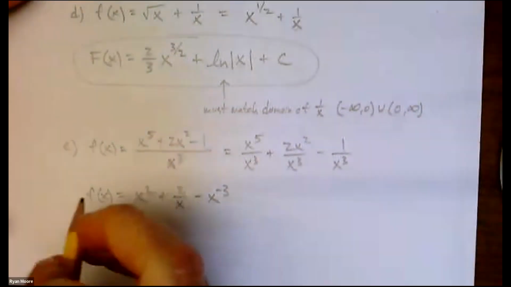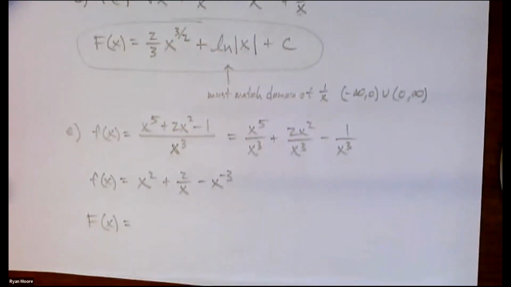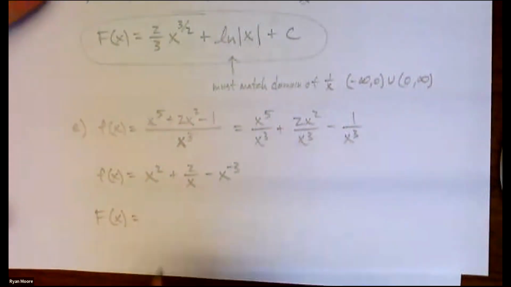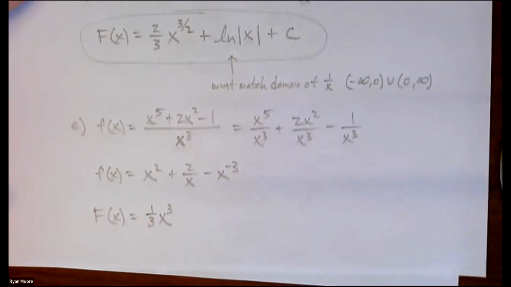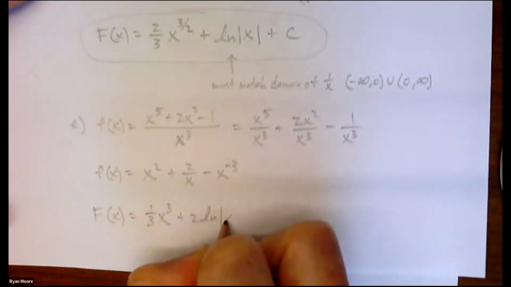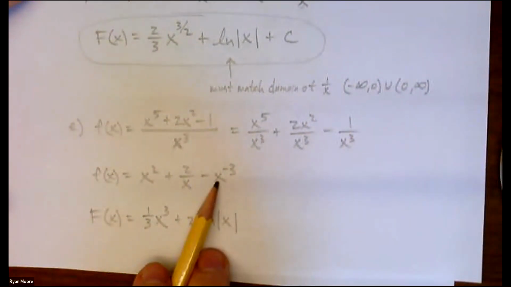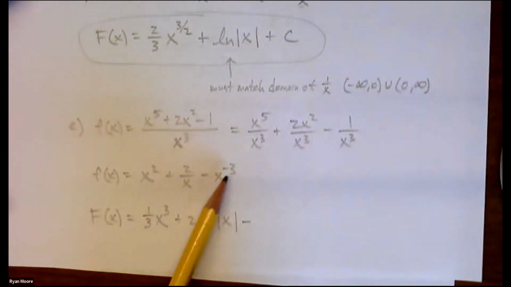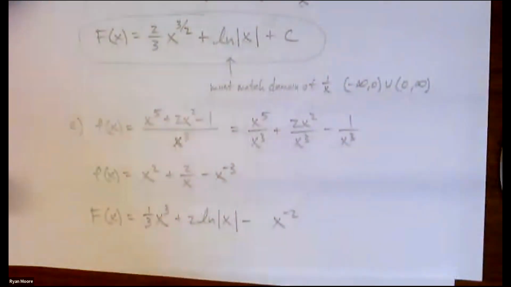Okay. So for the antiderivative, capital F of x, x squared would have come from 1/3 x to the third. 2 over x would have been 2 natural log absolute value x. And then negative x to the negative 3. Let's see. If we add 1, that's x to the negative 2.